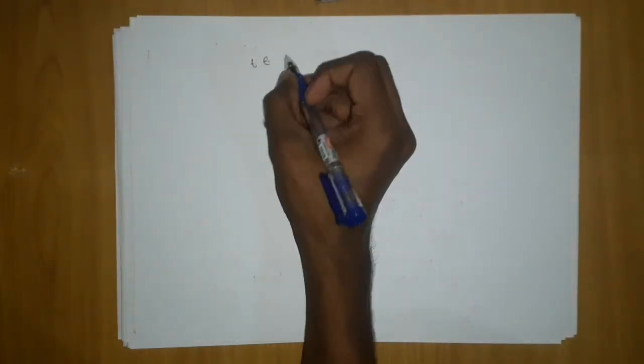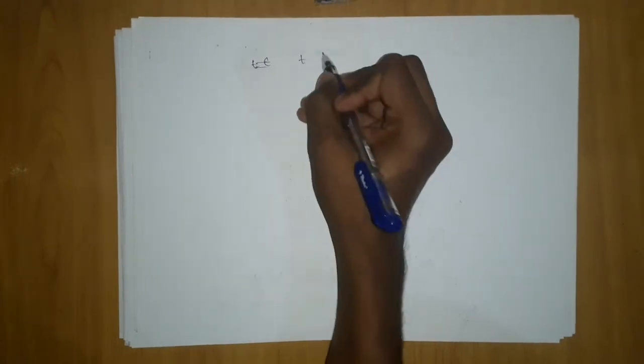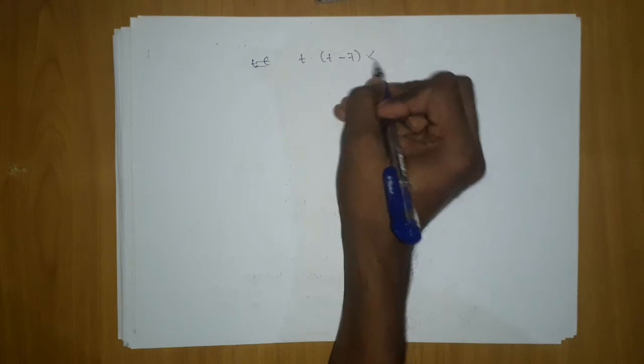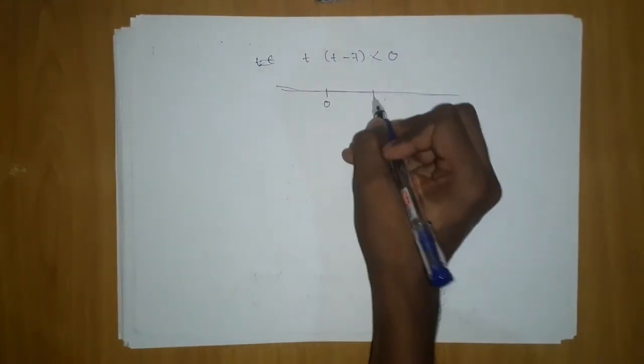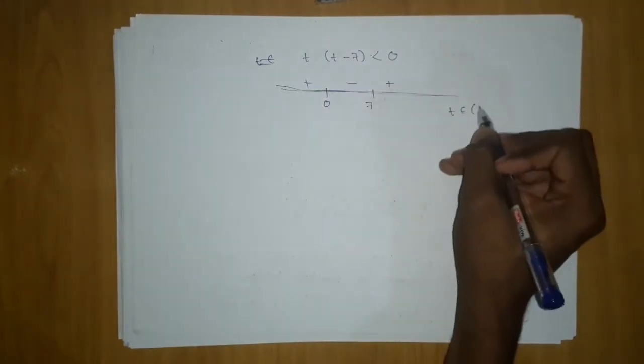Let me take the next page. We got t into t minus 7 should be less than 0. If I plot the number line, this is 0, this is 7. Positive, negative, positive, so t belongs to 0 to 7.